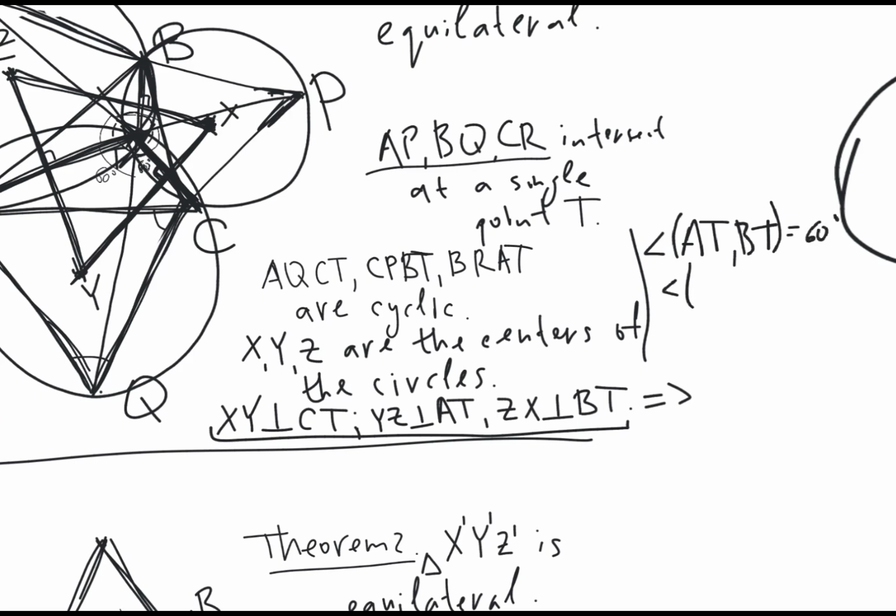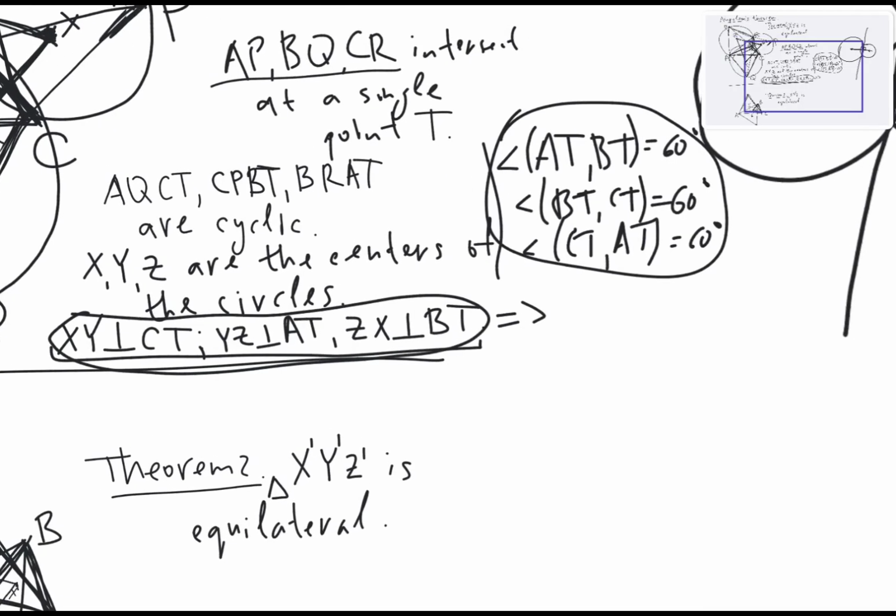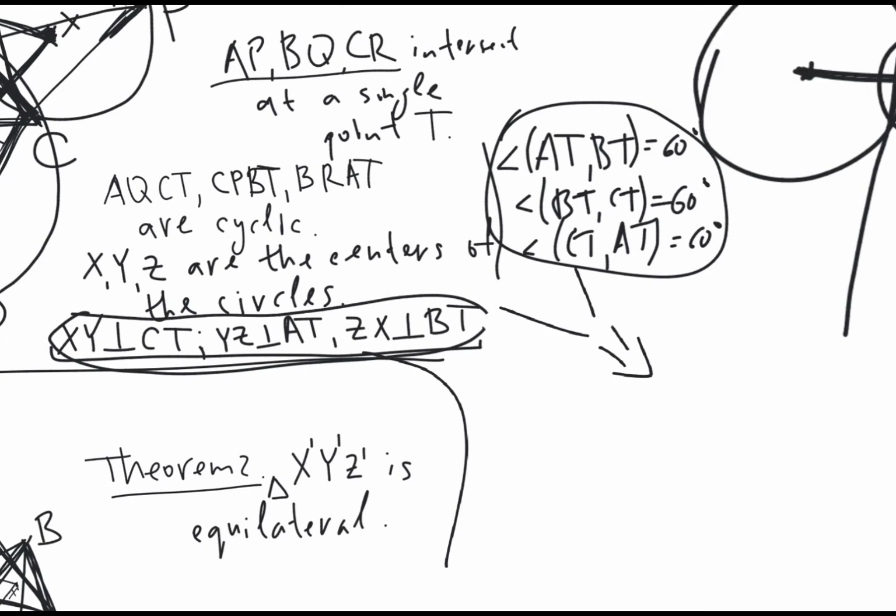The angle between BT and CT is 60 degrees, and the angle between the line CT and AT is also 60 degrees. So now from this and from this, it follows that the angles between the lines perpendicular to them, so XY, YZ, and ZX, is also 60 degrees.